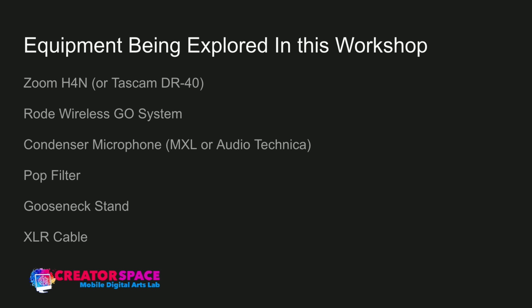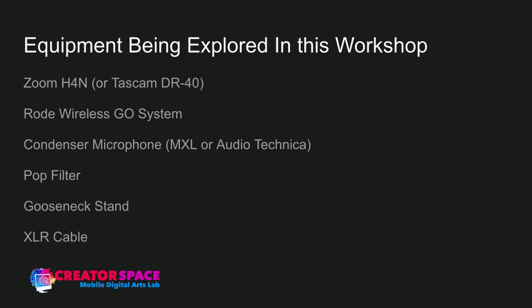Here's an overview. The library partners have a Zoom H4n kit. I'm going to be demoing on my own Tascam DR40, which is the same type of unit, a small handheld portable recorder. There are also the Rode Wireless Go systems, the great wireless microphones that we have available at the libraries.